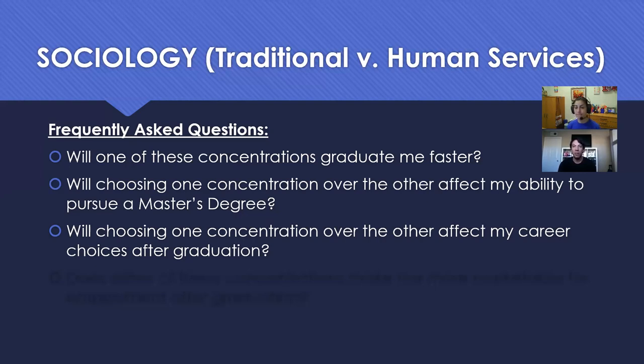Likewise, if you're in the human services track and you decide to pursue academia or sociology related positions, then you can do that as well. So, if you do traditional versus human services, it's not going to affect, do I have to become a social worker? Do I have to go into the world of academia? It's just based on your decision once you finish.